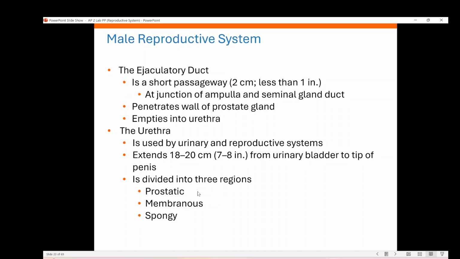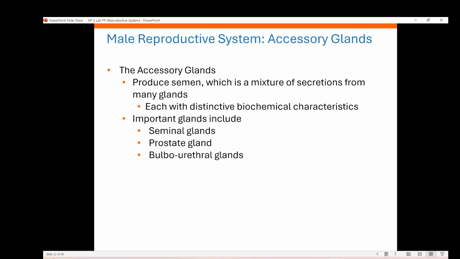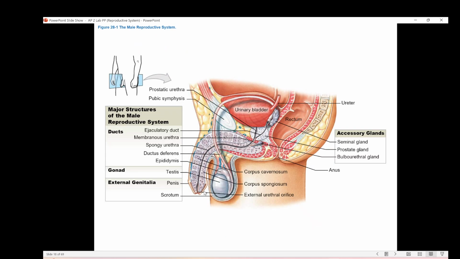And if you remember from the urinary system, we divide the urethra into three parts. Let's go back for a moment here, just to remind you. So from the urinary bladder, in the prostate gland, this urethra here is the prostatic urethra. In the pelvic floor right here, this little piece is the membranous urethra.